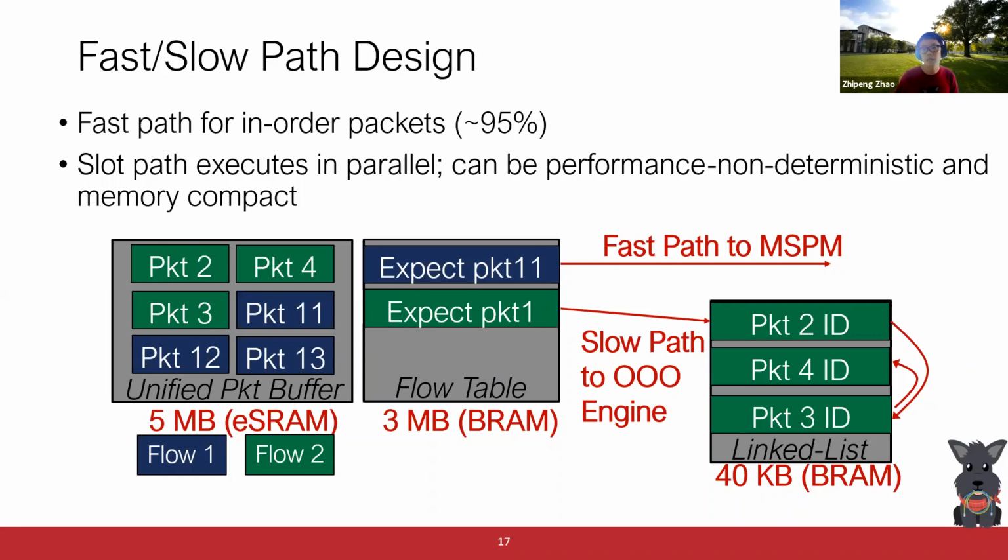And the slow path will handle the out-of-order packets, executing them in the background. Because we have two separate paths, the non-deterministic performance will be isolated, and we can use a more memory compact structure to track the out-of-order flows.